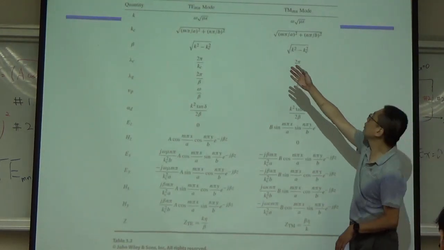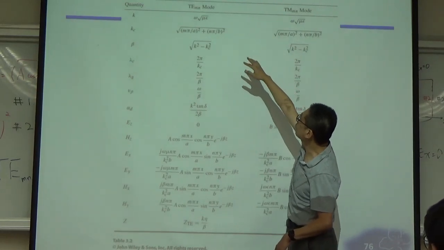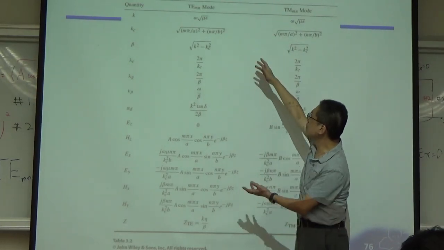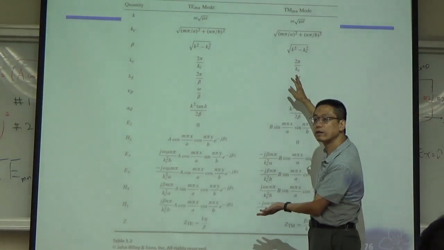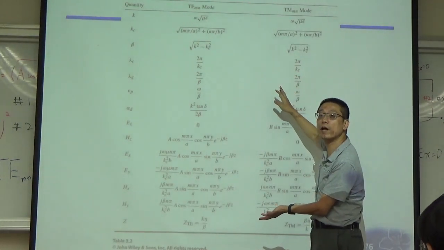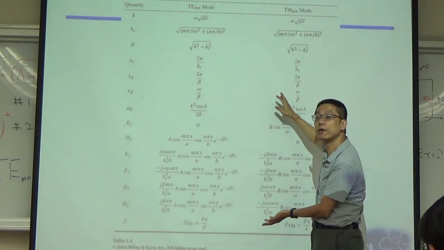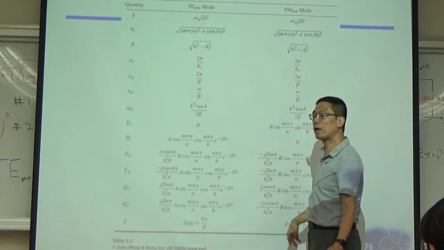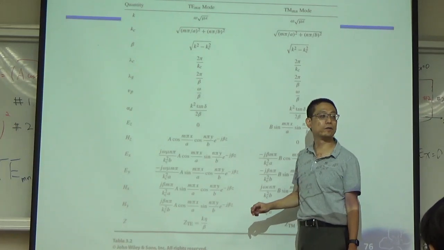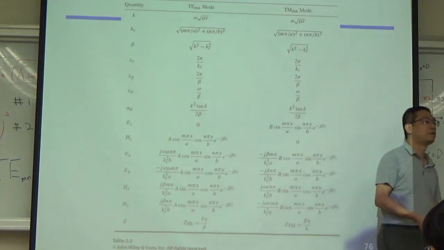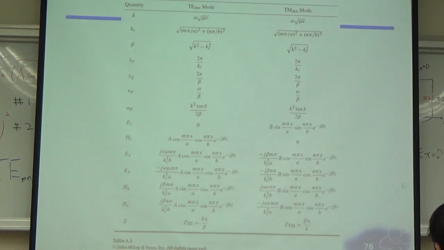So TE, TM, then you have the answer, the equation for everything you need. You have a table in your textbook, in Pozar, right? Everything. So I can ask you any question about any mode, and you can give me the answer.